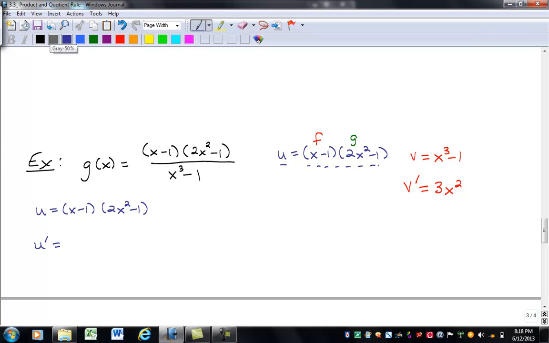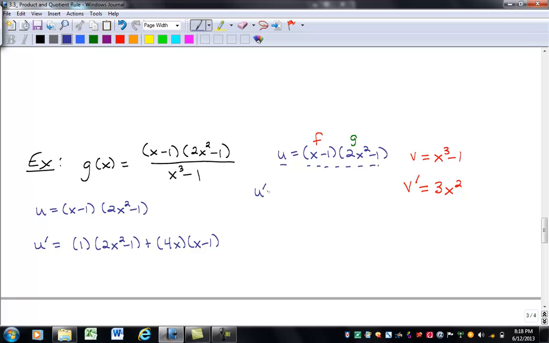The product rule tells me that it's the derivative of f, which is x minus 1. The derivative of x minus 1 is 1. Derivative of the first times the second, plus the derivative of 2x squared minus 1, which is 4x, the derivative of the second, times the first.